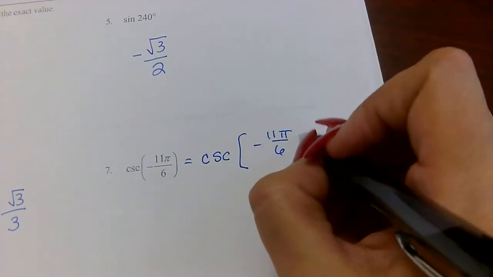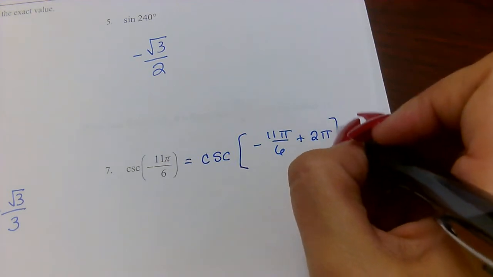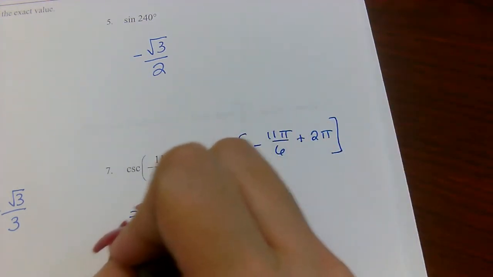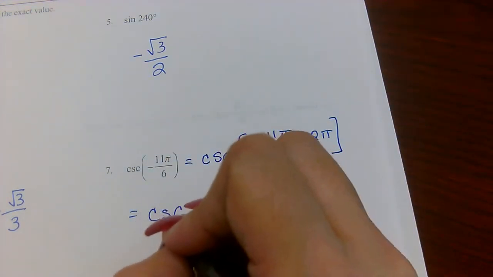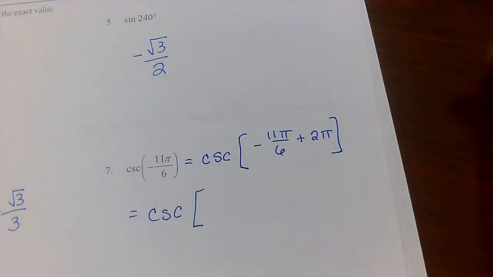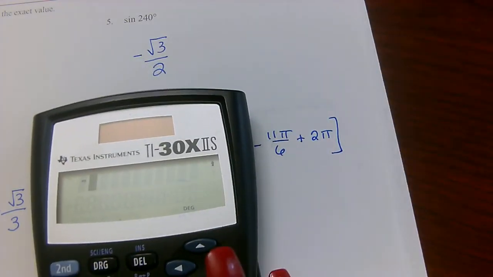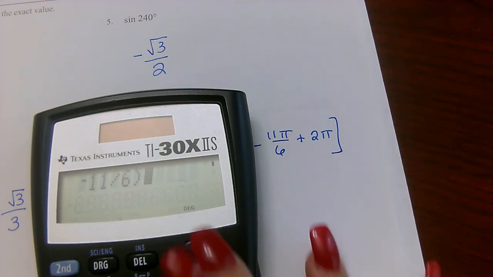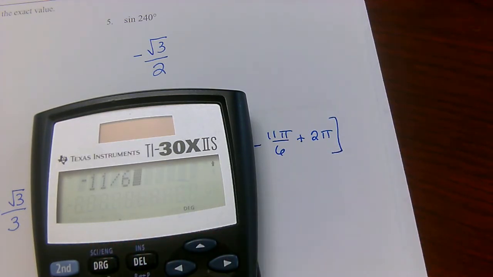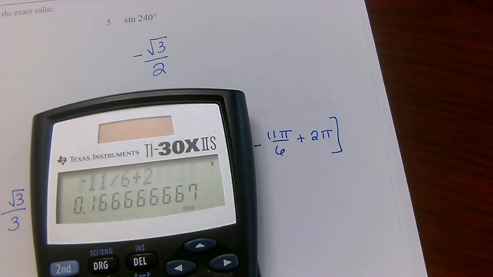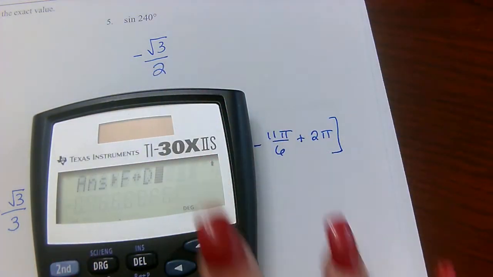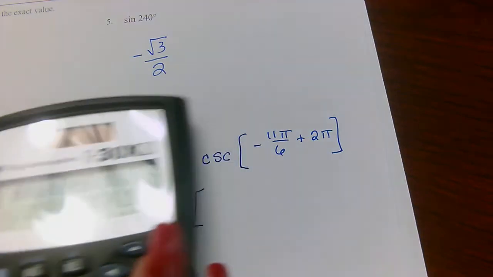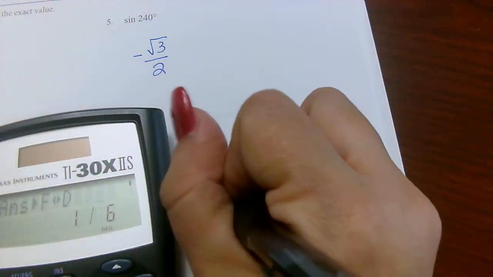And you're going to add 2 pi because you want it to be a number between 0 and 2 pi. Let's go ahead and use the calculator for this. Negative 11 over 6, okay? And then we're going to add 2. Okay, there you go, and we got pi over 6.